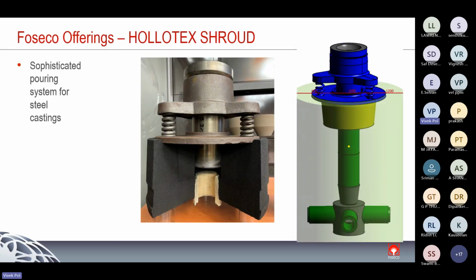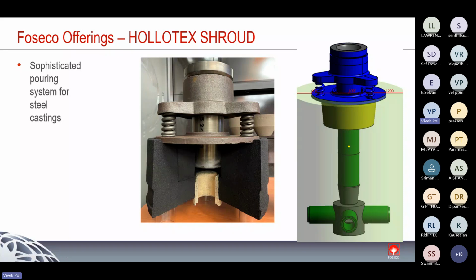And this is how the shroud looks. It is actually a sophisticated pouring system for steel castings, and you can see the schematic. It has one shroud, and then a choke area, a diverter, and through the diverter the runner bars are divided. So it is part of the gating system, and through the shroud we are making the gating system pressurized.